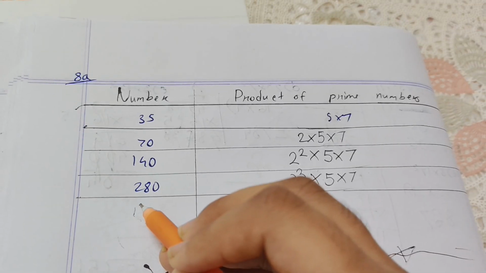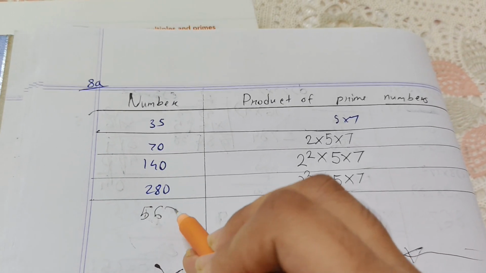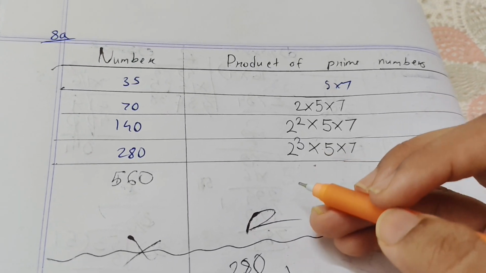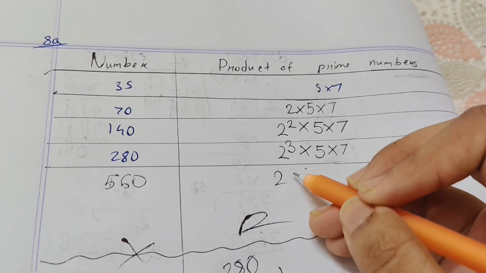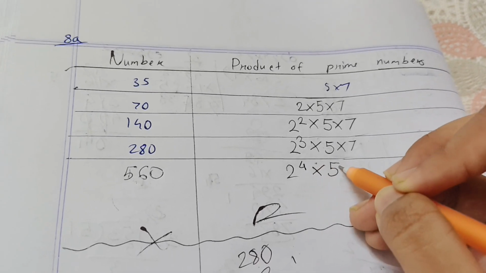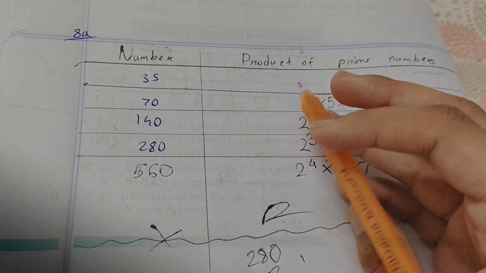So it is 560. Therefore, we multiply another 2. 2 to the power of 4 multiplied by 5 multiplied by 7.